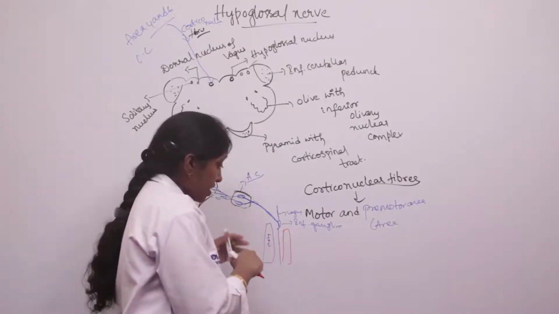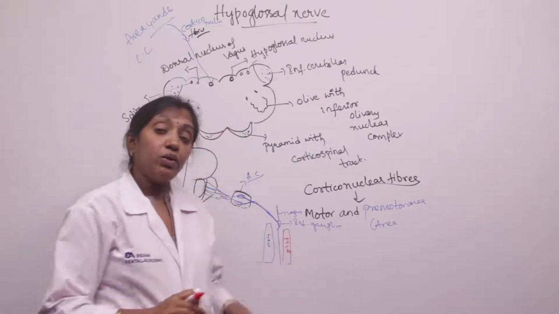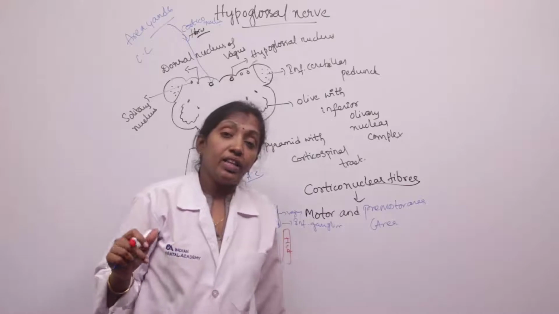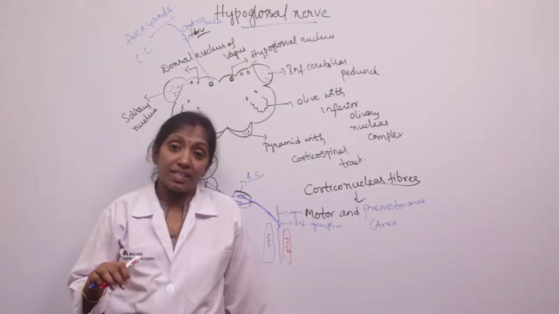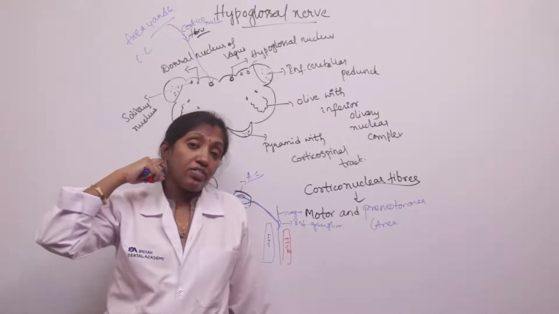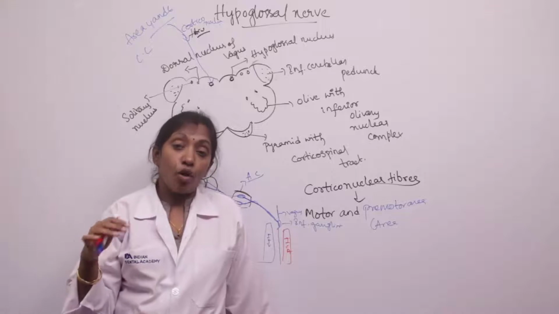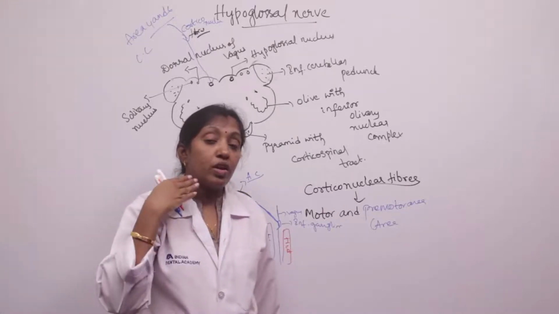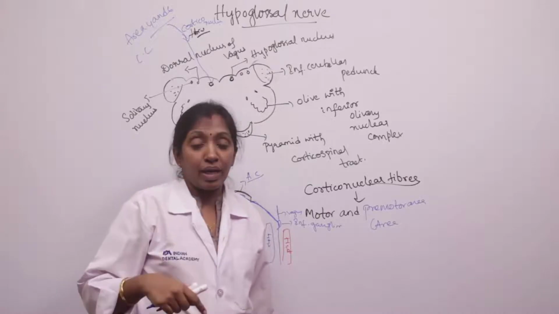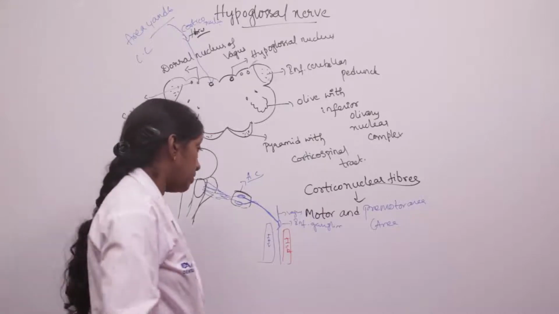It runs downwards and forwards, and enters the carotid triangle of the neck by piercing the posterior belly of digastric as well as the stylohyoid muscle. At the angle of the mandible, it is covered by skin, superficial fascia, platysma, and the investing layer of deep cervical fascia, and it is crossed by the common facial vein.